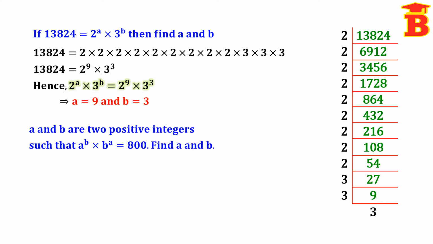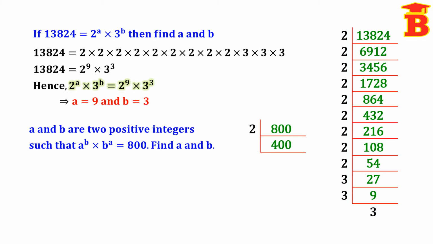Similarly, next problem. a and b are two positive integers such that a power b into b power a equals 800. Find a and b. So by the fundamental theorem, we have to find all the factors of 800. So take the number 800. First divide by 2.